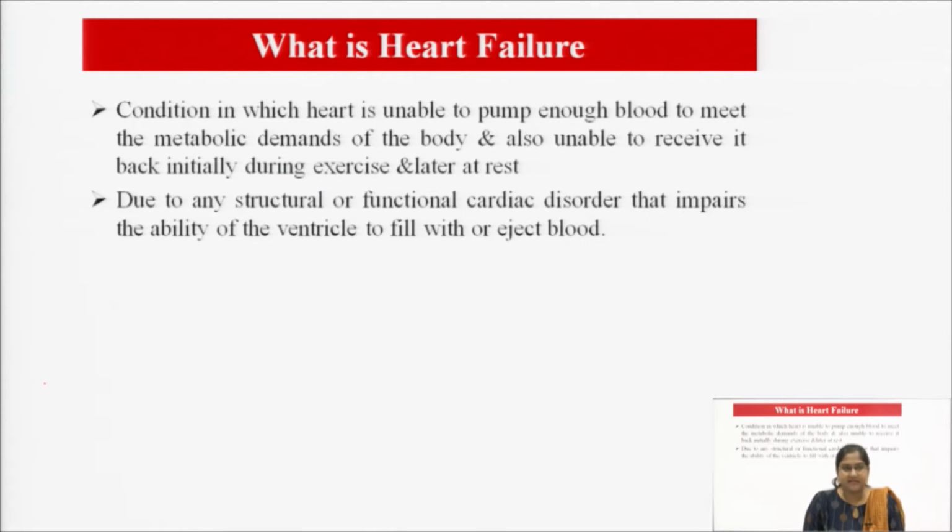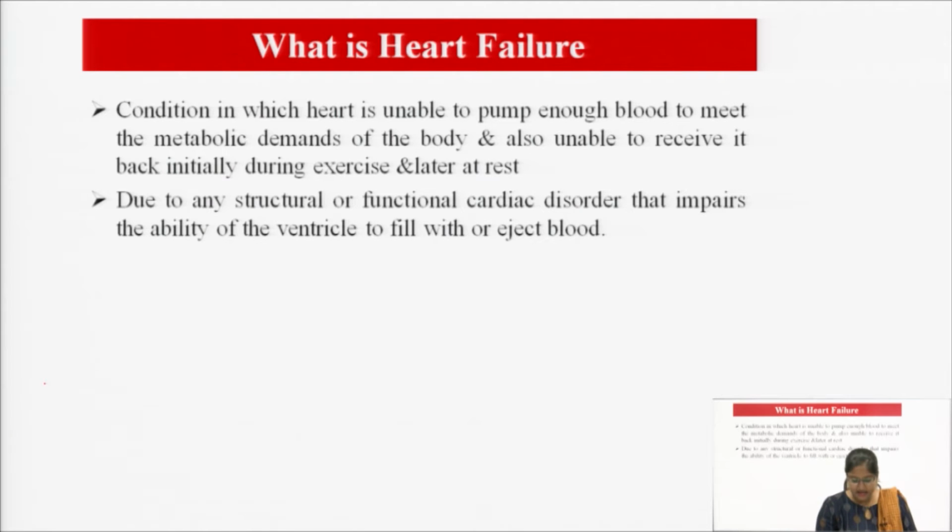And ventricular filling is impaired, that means the proper filling of blood from atrium to ventricle is not proper, which again leads to improper pumping of the heart. And long-standing hypertension: if a patient has had hypertension for a very long time, then it is possible that the patient will have congestive heart failure.